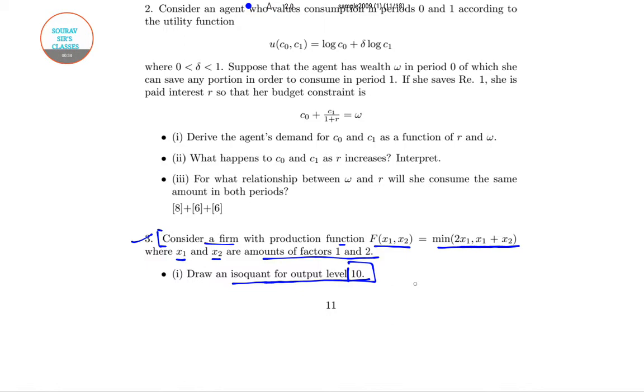The function f(x1, x2) is given as minimum of 2x1, x1 plus x2. So we have to simply find the isoquant for output level 10. How do we do it?